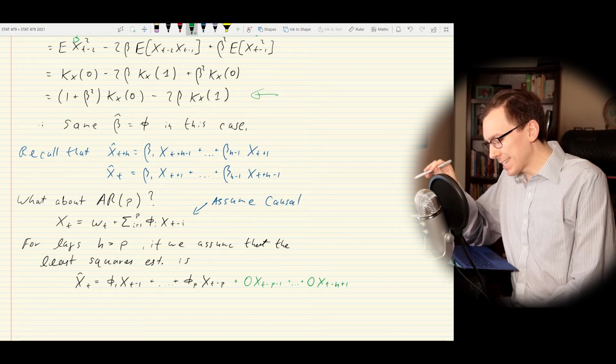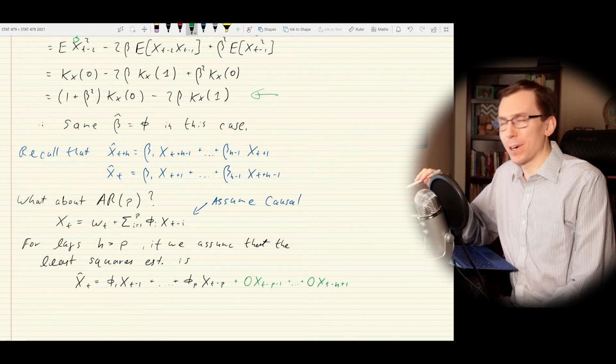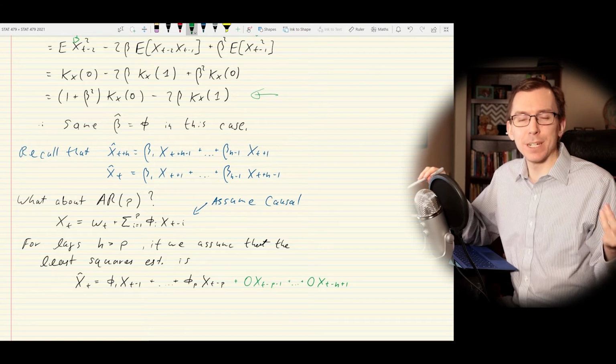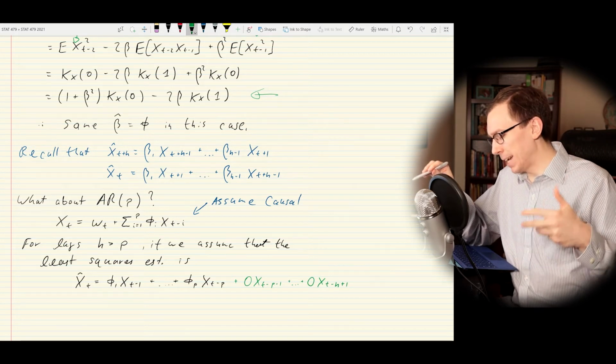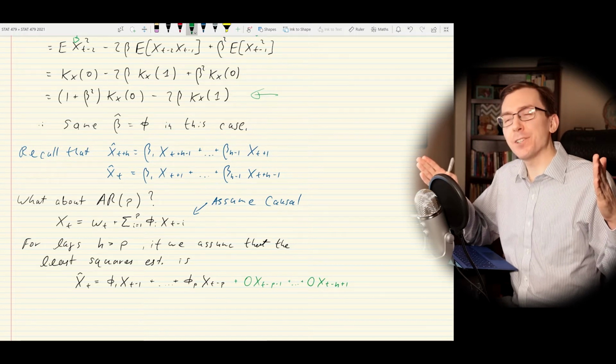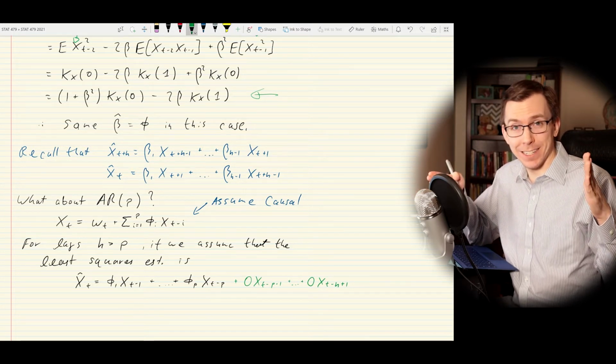Because remember, what I'm actually trying to do is compute x_t hat, which is a prediction for x_t, and I'm trying to do that based on the previous h minus 1 observations.